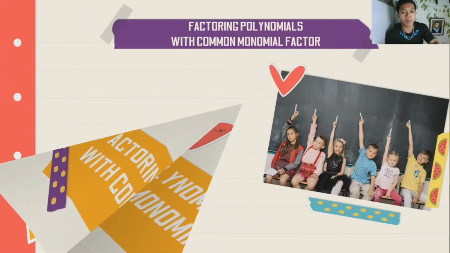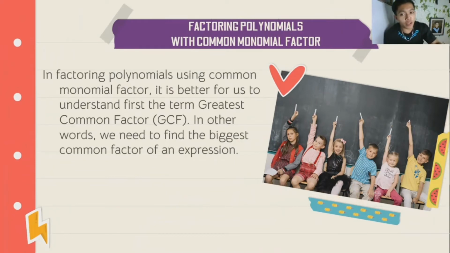Okay? So in factoring polynomials using common monomial factor, it is better for us to understand first the term greatest common factor. Greatest common factor. Greatest means the biggest, no? In other words, we need to find the biggest common factor of an expression.